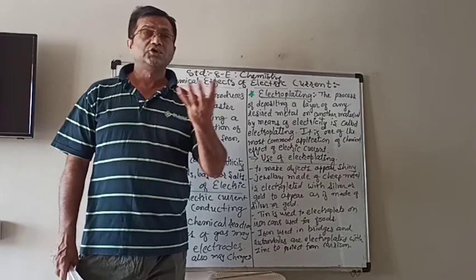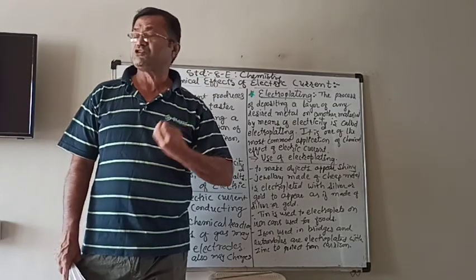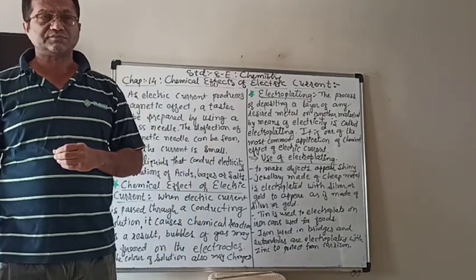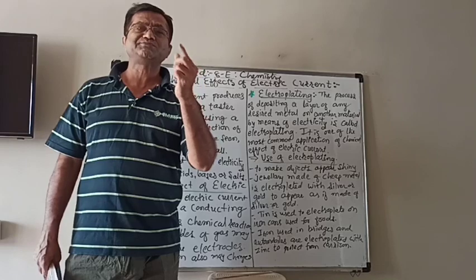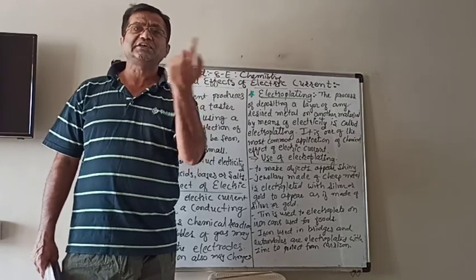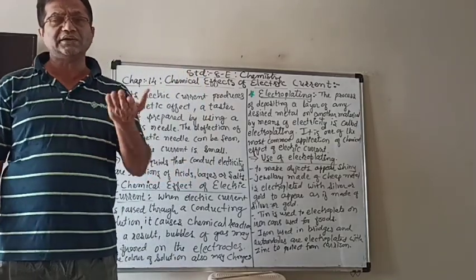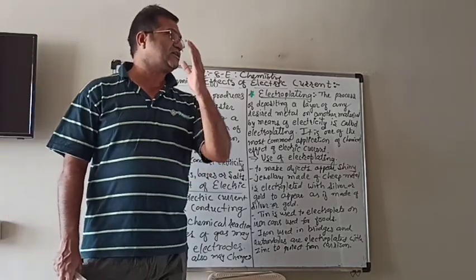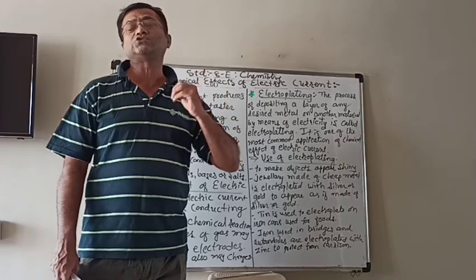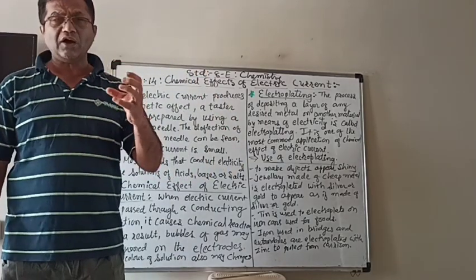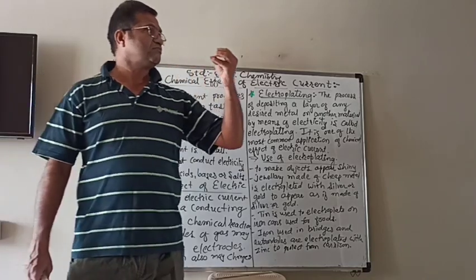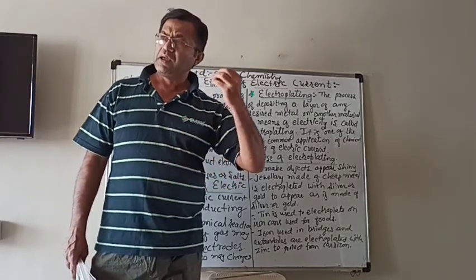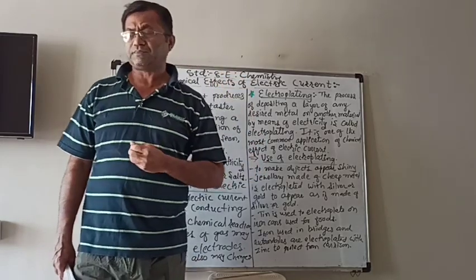The compass is used to determine directions, in which a magnetic needle is pivoted on a nail so that it can rotate freely, and it always comes to rest in the north-south direction.